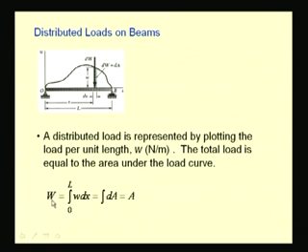So, we have this W, the total load, as the sum of these areas of incremental rectangles, which is integral dA, and if it is equal to A, then that is the total load.